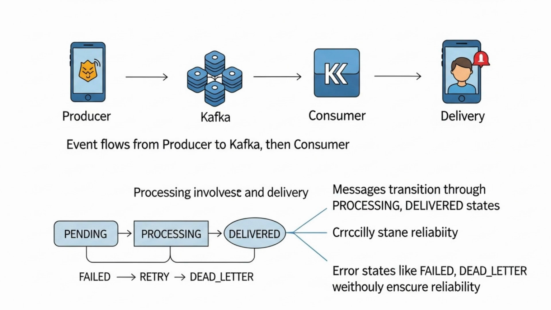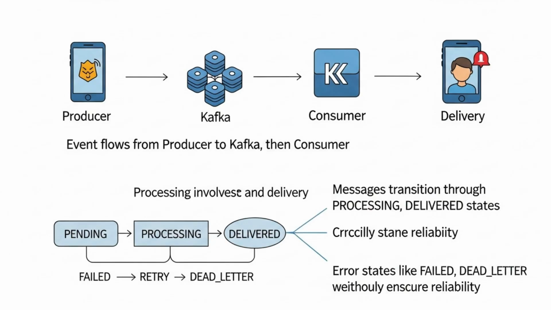Based on retry policies, it might transition to retry, attempting delivery again with backoff. If all retries fail, it eventually moves to a dead letter state, indicating it couldn't be processed after maximum attempts. This structured flow and clear state management are vital for both performance and reliability in a high-volume notification system.